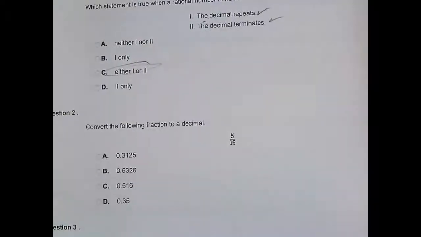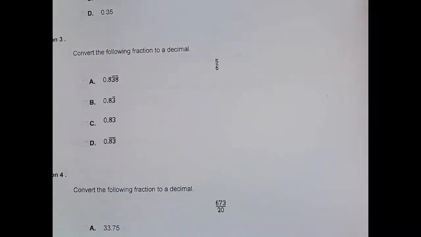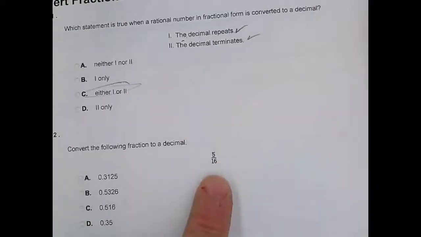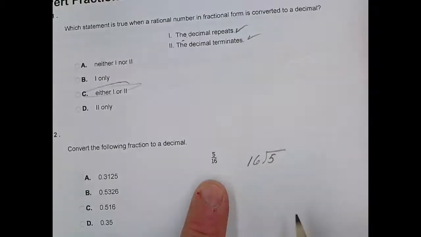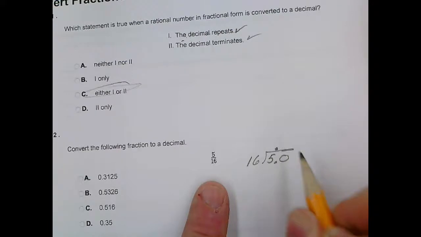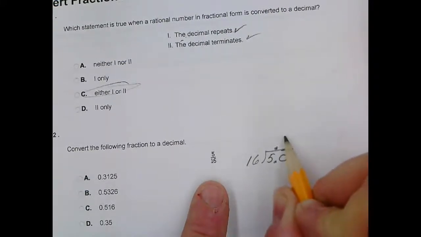Okay, so here's what most of the problems look like. I'm not going to bore you to death with every single one. I'm just going to show you how to do a couple of them and let you have at it. So we want to convert that to a decimal. We take 16 on the outside, 5 on the inside, put a 0 there, and bring the decimal straight up. 16 goes into 50 3 times.